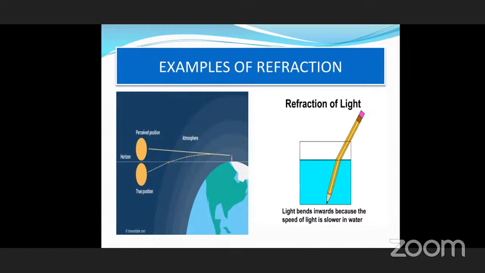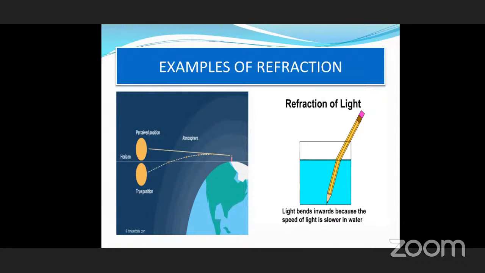Due to this slight difference, the shifting angle is approximately half a degree. The time corresponding to this half degree is about 2 minutes. So the actual sunset and the apparent sunset take place 2 minutes apart. We can see the sunset 2 minutes before the actual one.